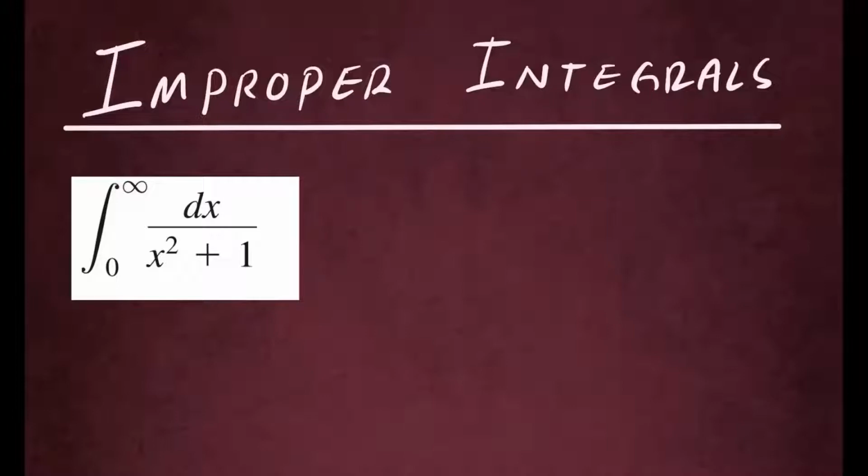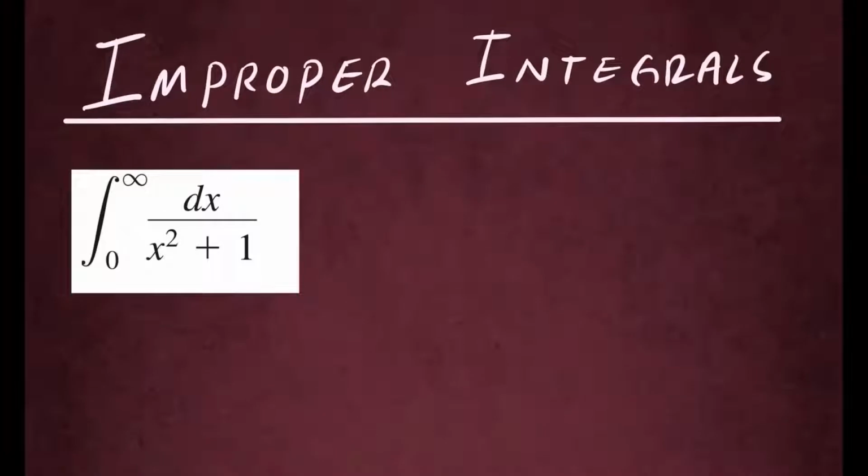Another type of improper integral is when your function in the integrand has a vertical asymptote. So one of the limits of integration happens to be a vertical asymptote. The way you're going to treat them is like a limit problem. So we're pretty much going to take the limit as some variable goes to infinity and see what happens to the function.